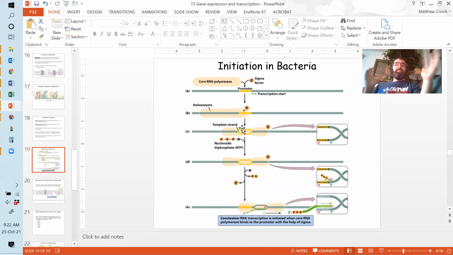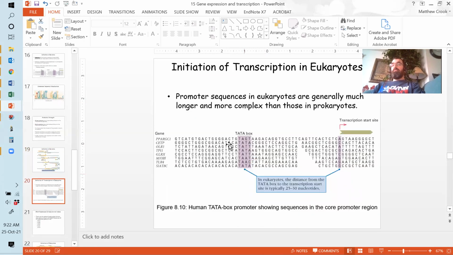So its ability to recognize that sequence is critical to its function. That's also why if you have a mutation in that sequence, that protein may not recognize it anymore or may do so less well. So these sequences and the proteins that recognize them are central to how this all works.